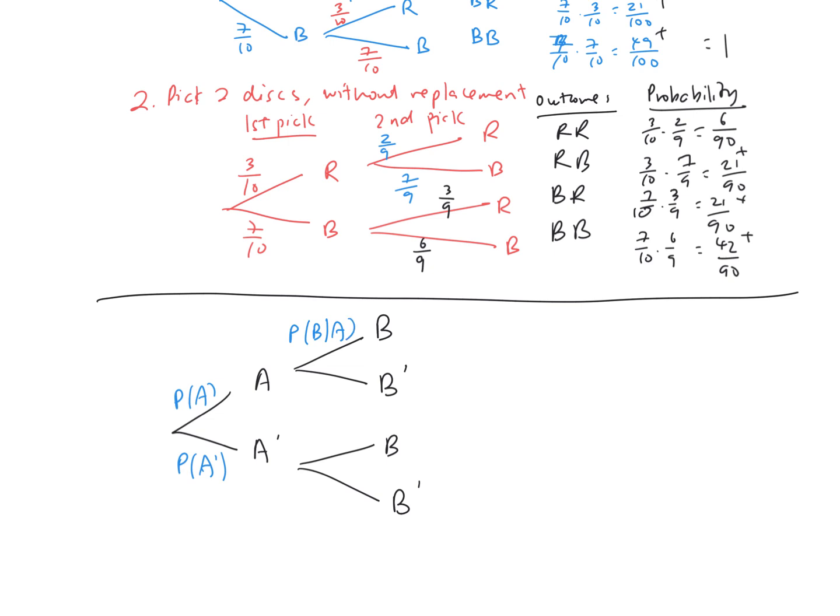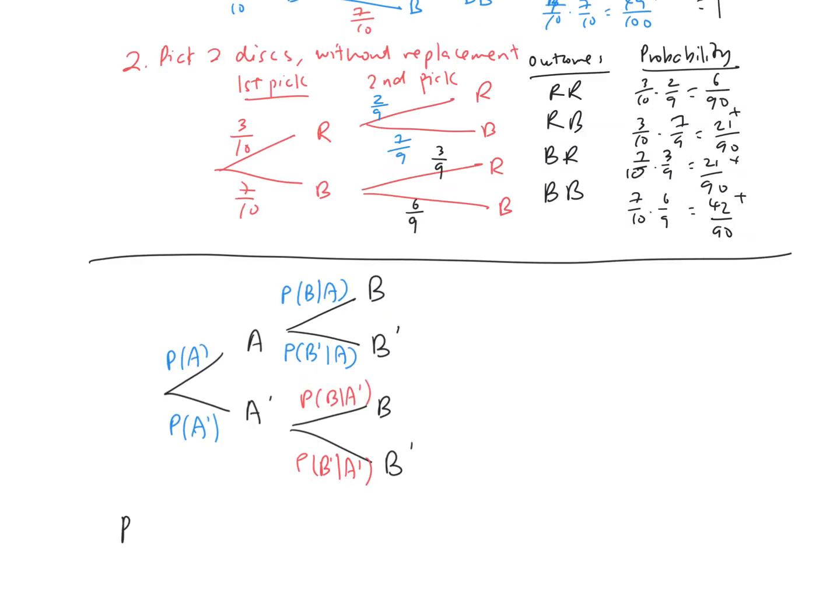In this case, the first branch is A, and the second will be the probability of B complement given that A has happened. In the second situation, once you pick A complement, you will have the probability of B happening given that A complement has happened, and then the probability of B complement happening given that A complement has happened.